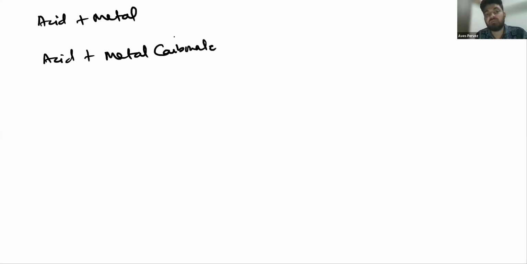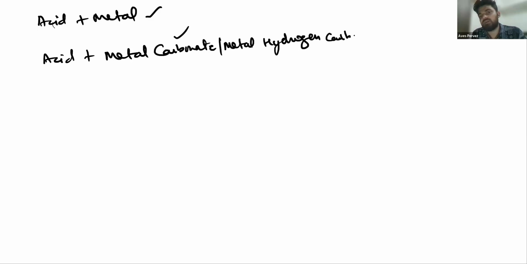This is a very important part that is asked in examinations. So we will discuss when acid reacts with metals, and when it reacts with metal carbonate or metal hydrogen carbonate.